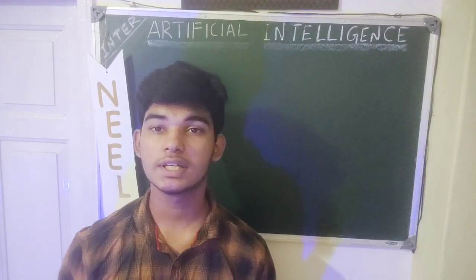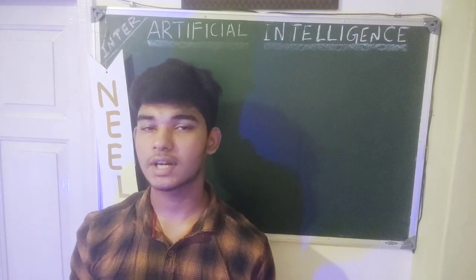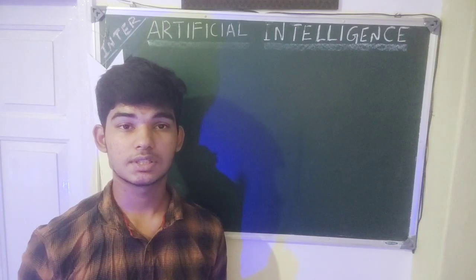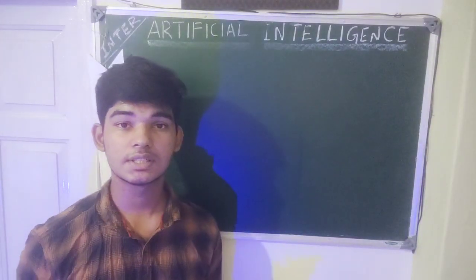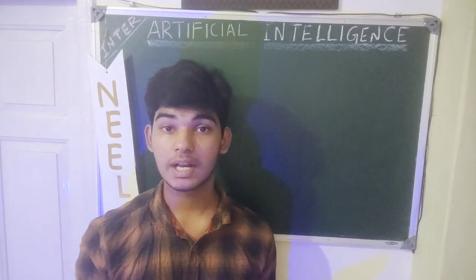So first of all, what is natural language processing? Well, natural language processing or NLP for short is a subset of AI that can be used for computers so that it could understand, interpret and generate human language.